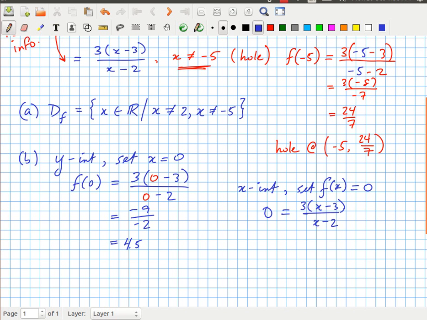In order to solve this, I've got a few options, but the easiest one is simply to multiply both sides by x minus 2. Multiplying 0 by x minus 2 gives me just 0 again, and multiplying the right side by x minus 2 causes these factors to divide out, leaving me with 3 times x minus 3. It might be worthwhile to make a note of the restriction here.